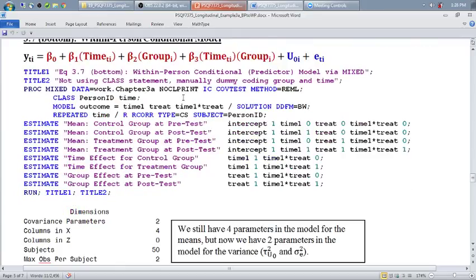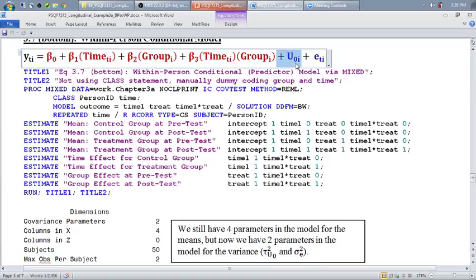So let's see then what happens when we fit the right model. The only thing that we've changed is adding this U right here. That means that we are separating the total variability into saying that some of it is because of constant mean differences and some of it is differences over time. So that addition of this U0 here, or really its variance as a new model parameter, shows up right here, type equals CS.